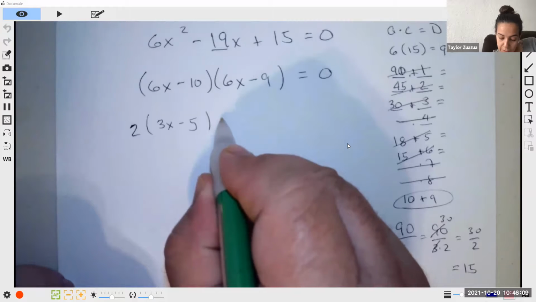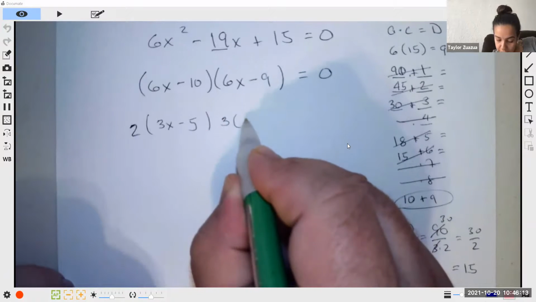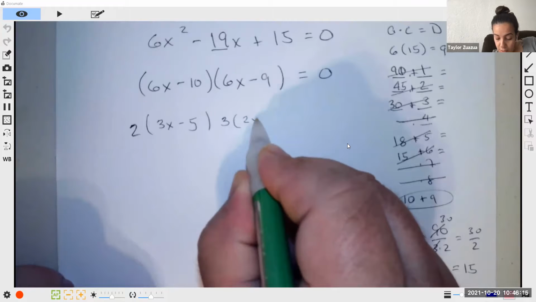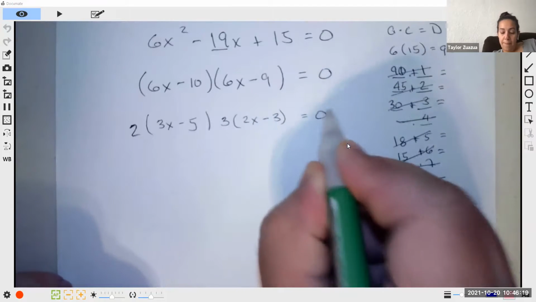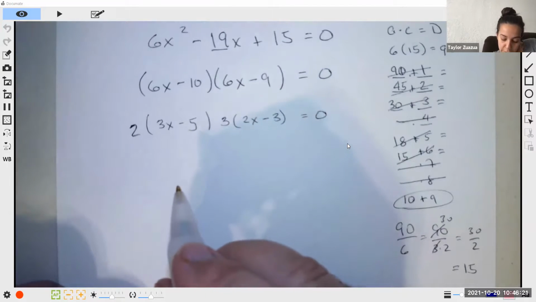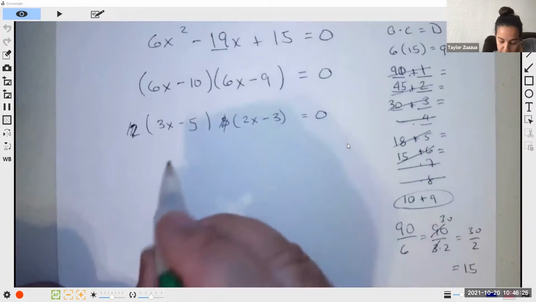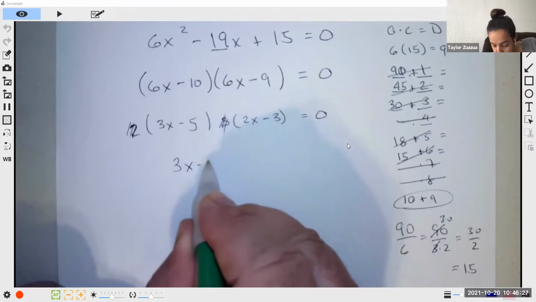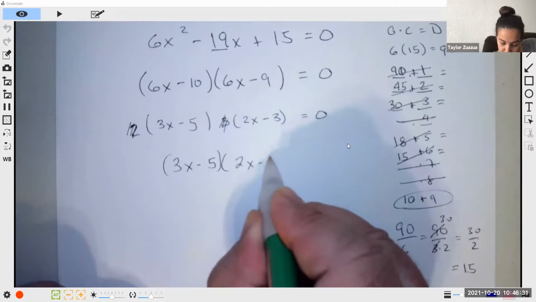Right, and then the next one would be divided by 3. So 2x minus 3 equals 0. And then you take off the factors, so it'll be 3x minus 5 equals 0, 2x minus 3 equals 0.